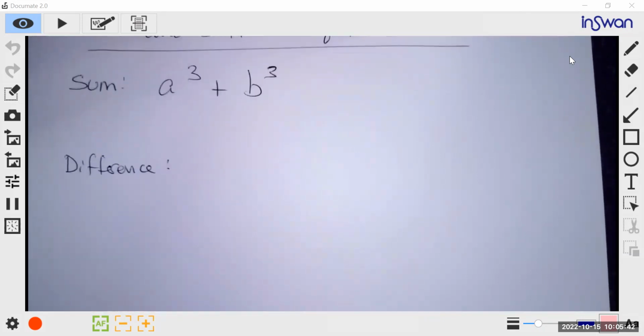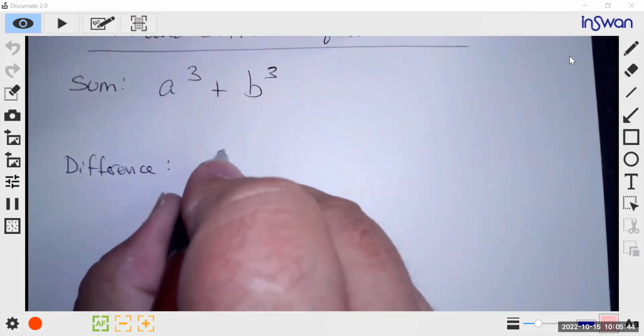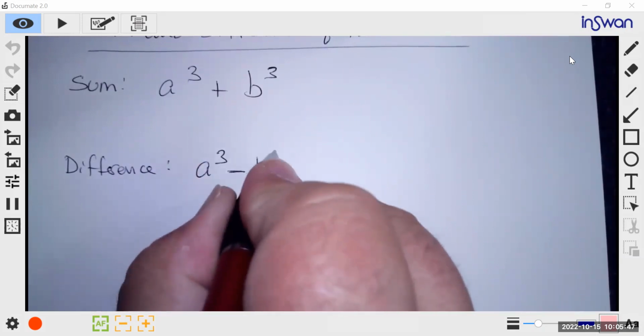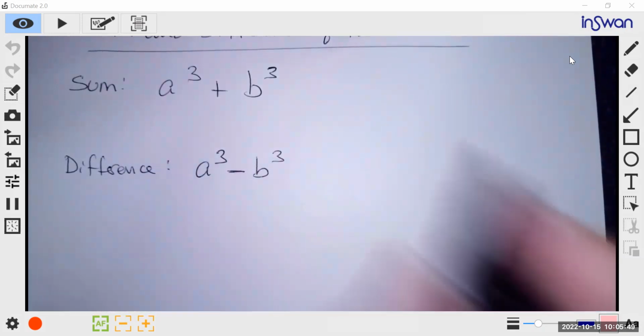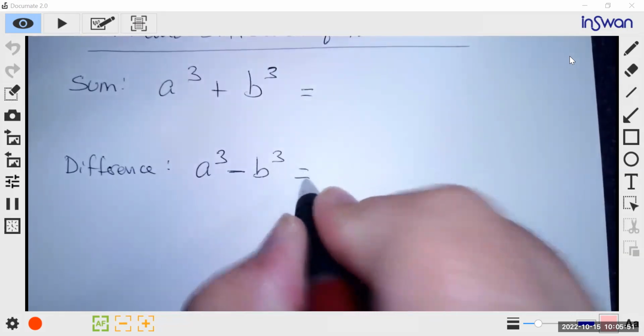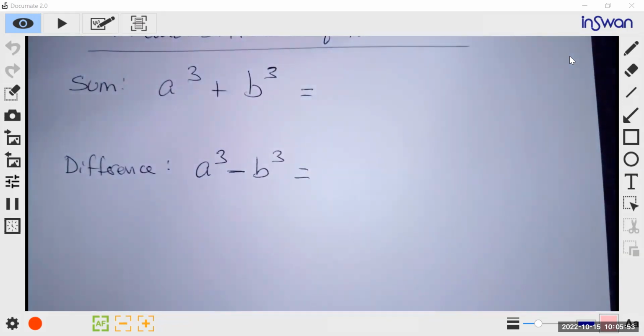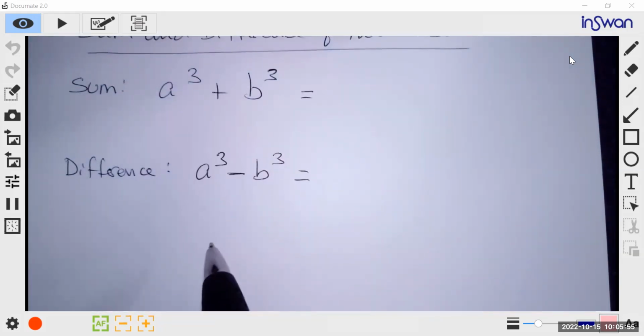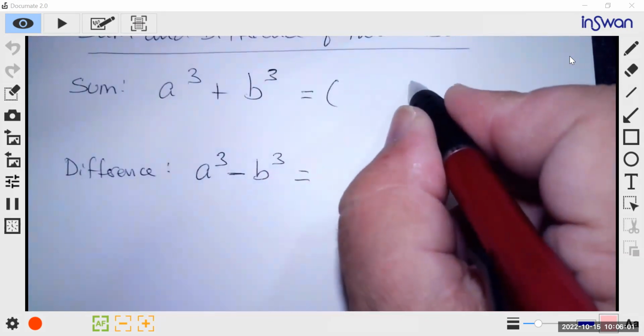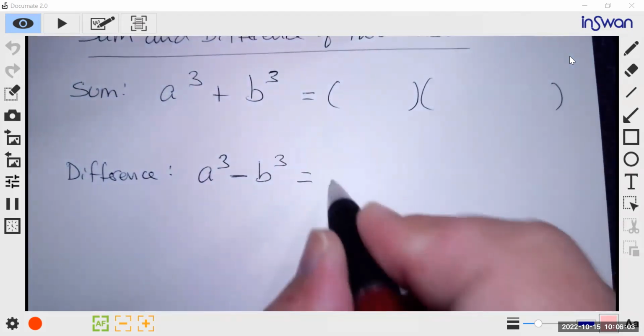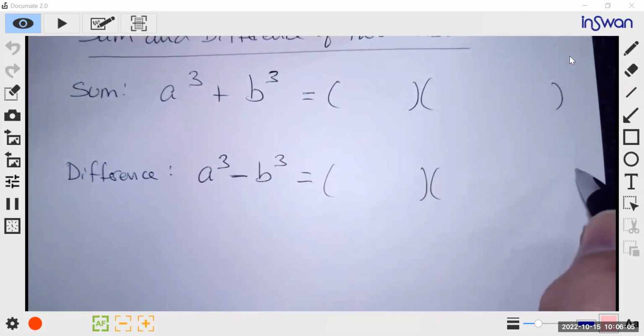And by difference, I mean a cubed minus b cubed. So if you have terms like this in your equation, the factored form of both of these will look almost identical. The only difference are the first 2 signs.